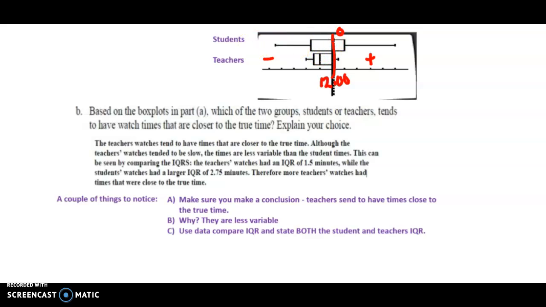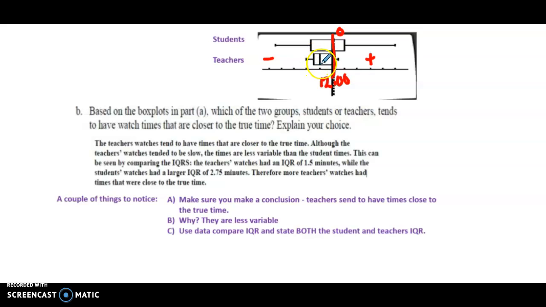Now, look at our box and whisker plots. Which ones are clustered more closely around the time of 12 o'clock, or a time of 0? If you notice here, these watch times are clustered more closely around this true time of 0. So the teachers tend to have watch times that are closer to the true time, even though they tended to be a little bit slow.